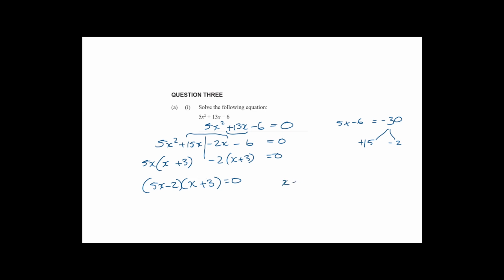So x equals minus 3 and 5x minus 2 equals 0. x must be 2 over 5. And we're done. Yeah, makes sense.